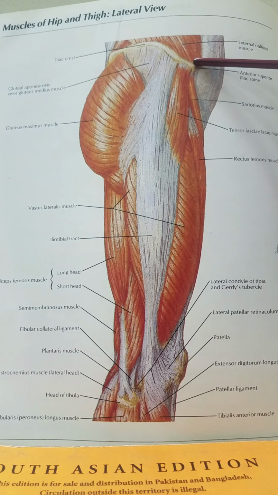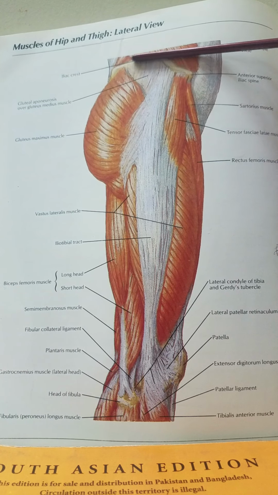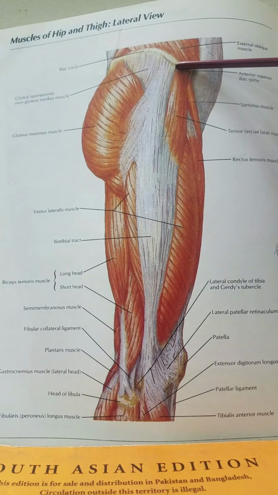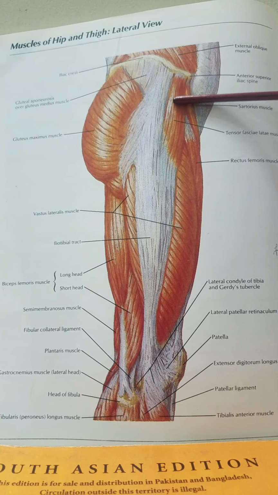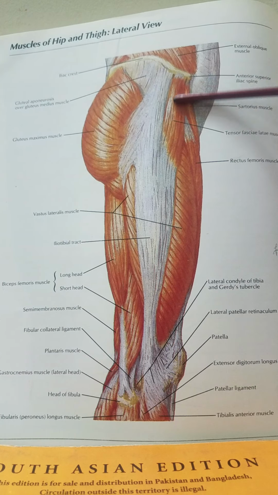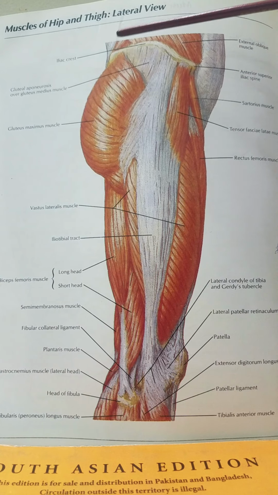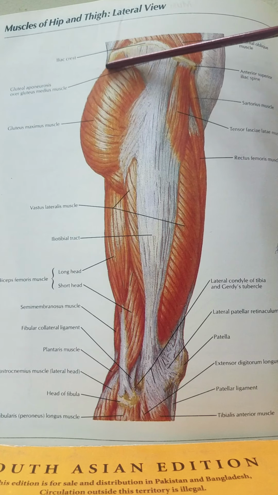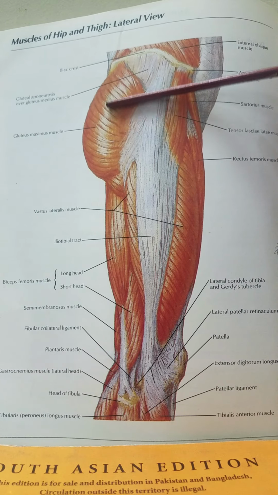Here you can see the iliac crest, and from the anterior part of it and the outer lip you can see the origin of the tensor fascia lata muscle, and from the lateral slope in the dorsal segment you can see the origin of the gluteus maximus muscle.